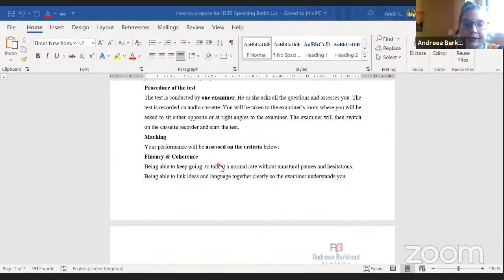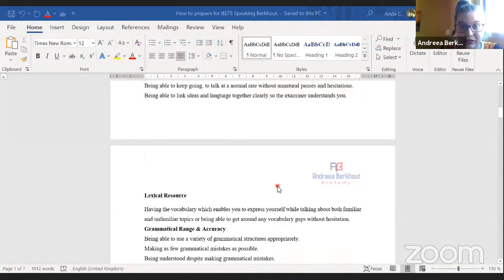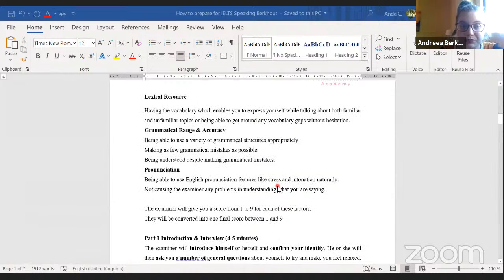Natural pauses are normal, but if you take a break that is way too long, then that will be considered not sufficient fluency. And coherence is how you are able to link your ideas, so that your point is understood by the examiner.